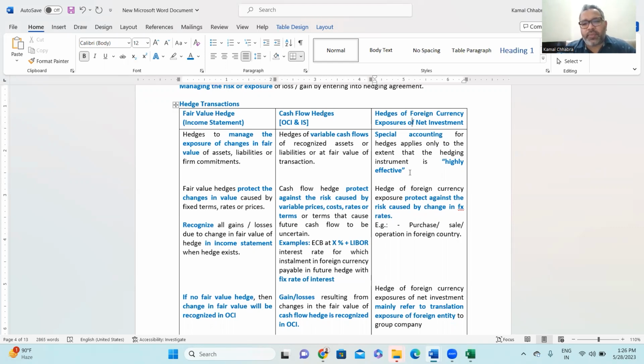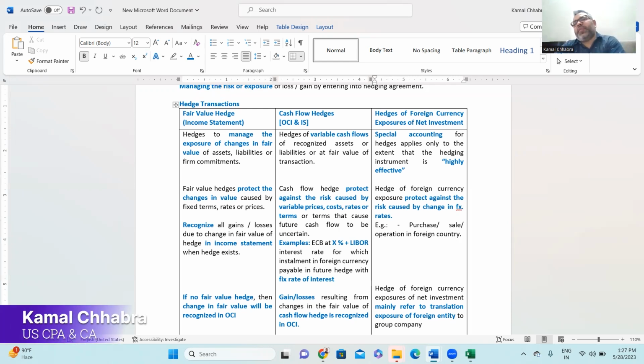Second is hedge of foreign currency exposure, to protect against the risk caused by change in FX rate. What is FX rate? The foreign exchange rate. So that may be for purchase, sale, operation in a foreign country.